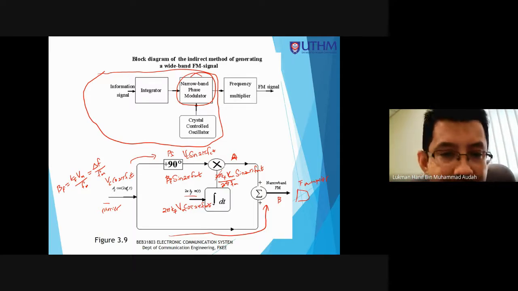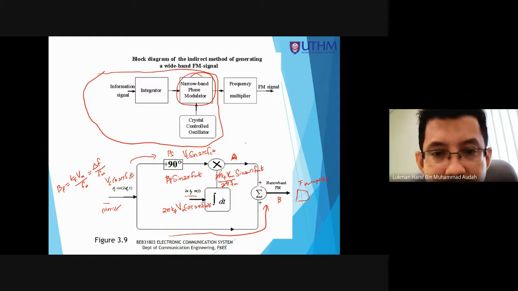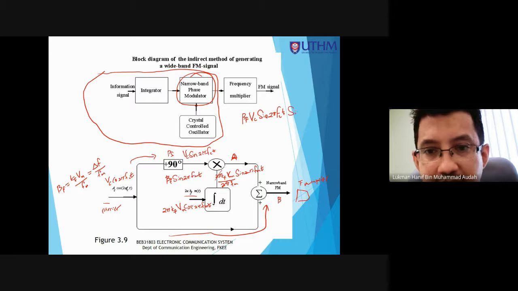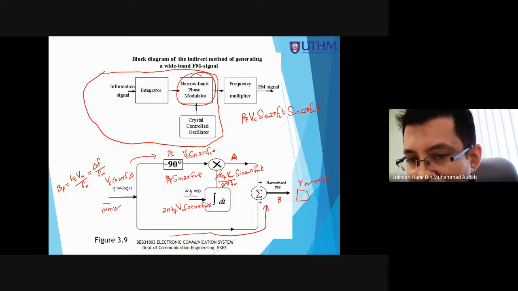That means what happened is that the output here is, saya buat di sini beta f VC sin 2 pi fCt sin 2 pi fMt. So what happens?